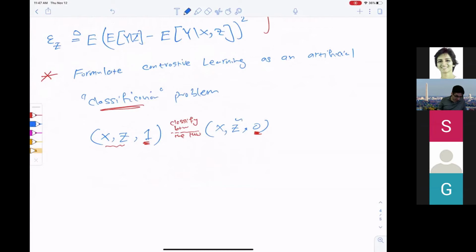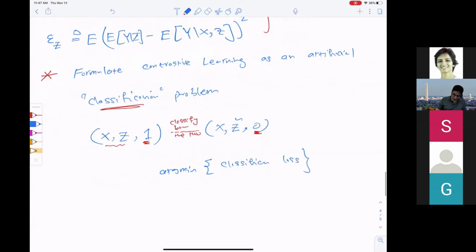So if you solve this classification loss, you minimize the classification loss. So what is this? The function is a function of X and Z, right? So your classifier inputs a pair, X and Z, and outputs a number. That number tells me if these two are coming from similar views or different views.